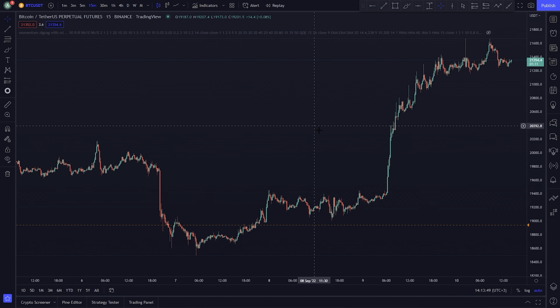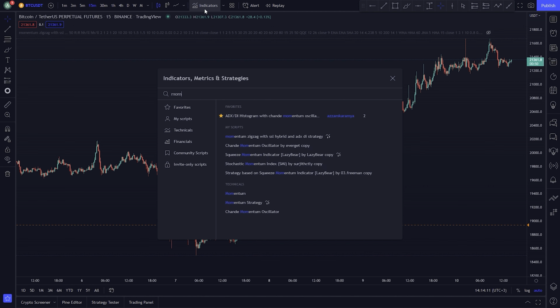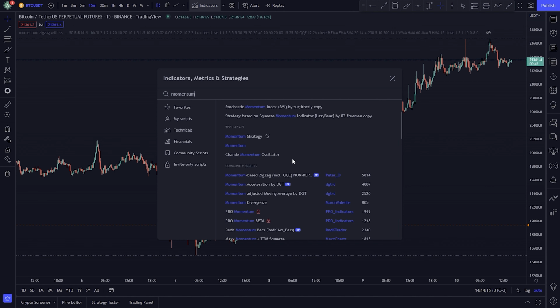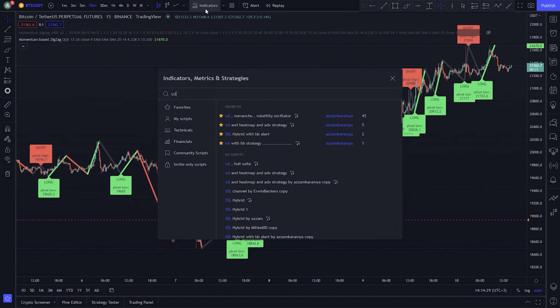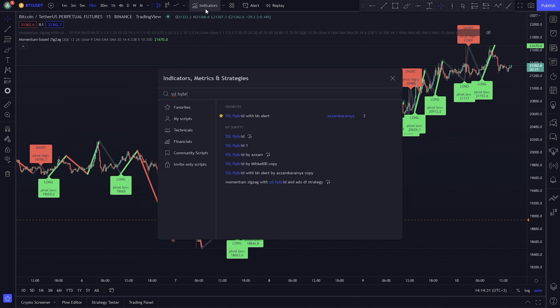This strategy includes 3 free TradingView indicators. Now let's go ahead and add them to our chart. Momentum Zigzag. SSL Hybrid.